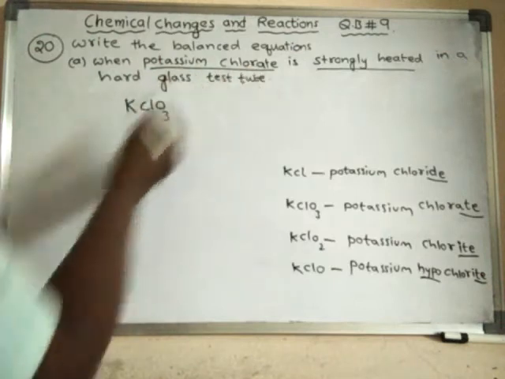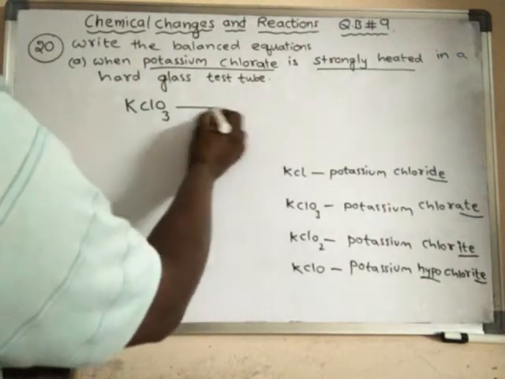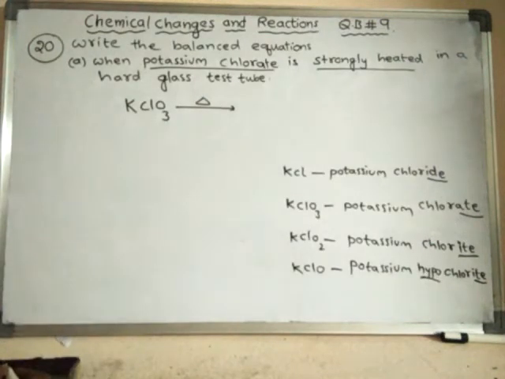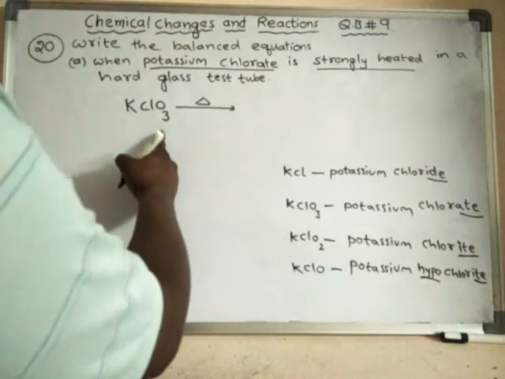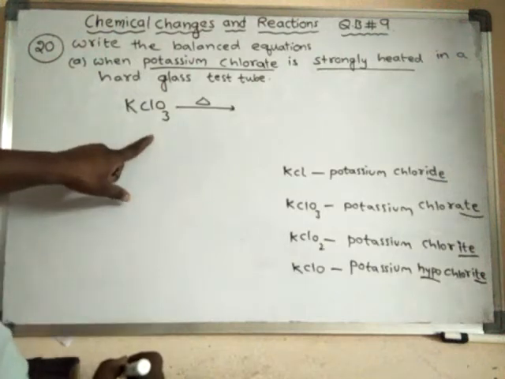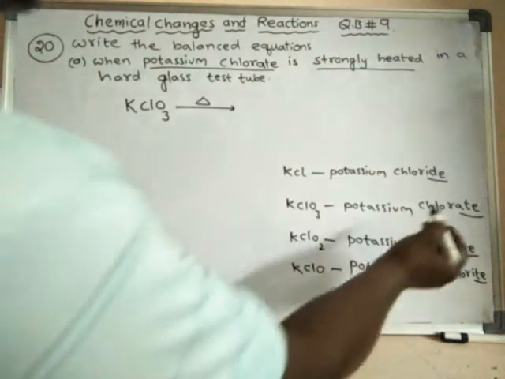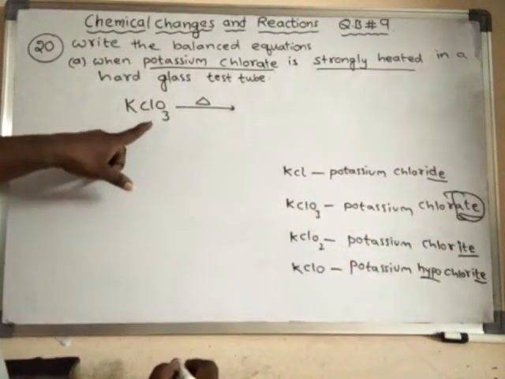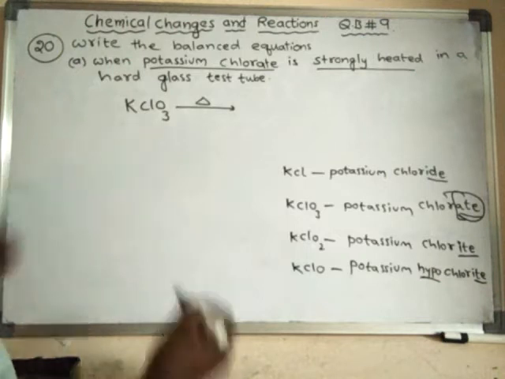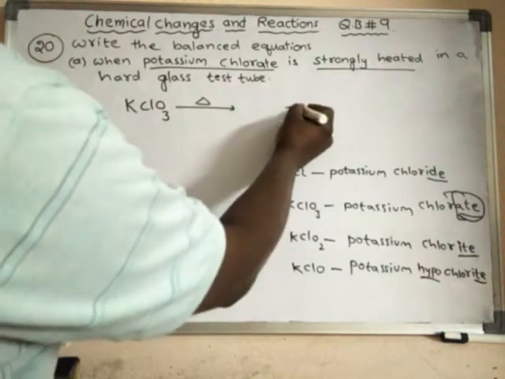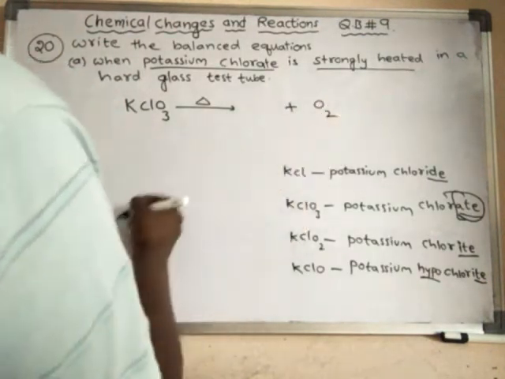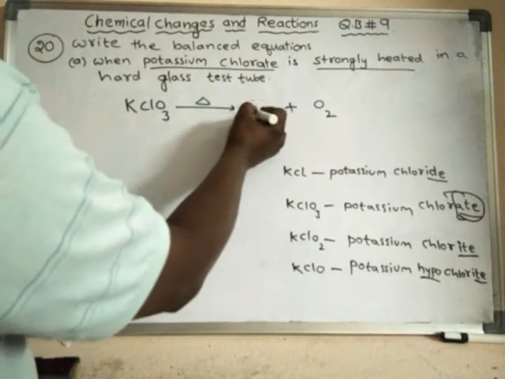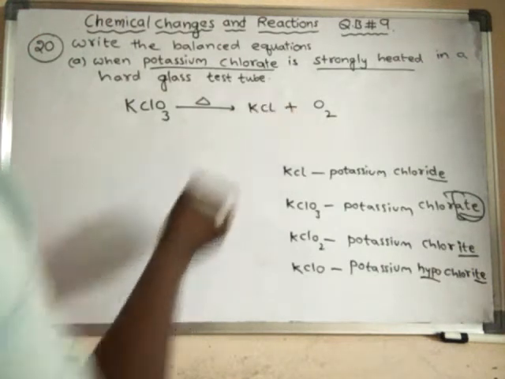So potassium chlorate is strongly heated. When it is strongly heated, what happens? It will break down. It undergoes decomposition. Chlorates generally give oxygen when decomposed. Along with this oxygen, it forms potassium chloride.